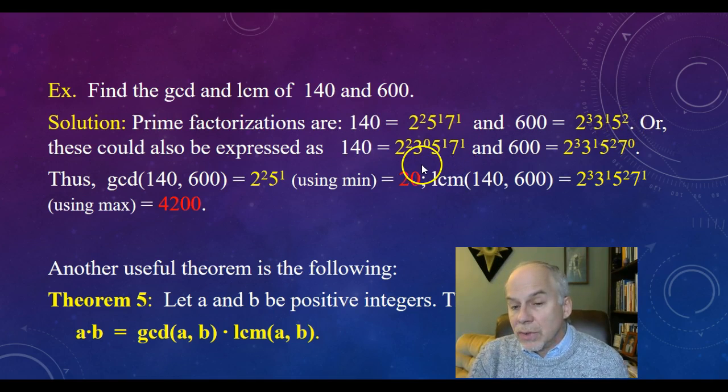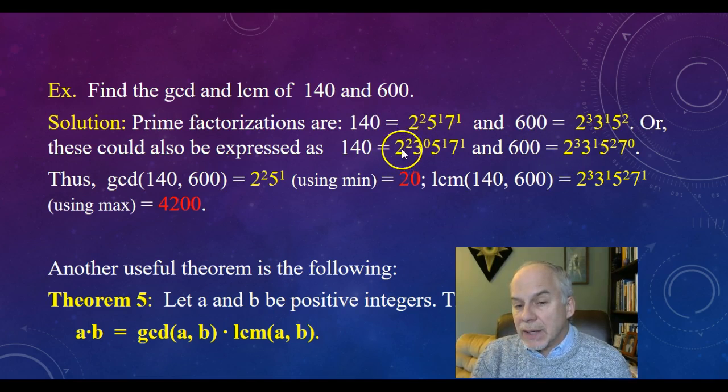Now we can also express these using powers of 0 if it doesn't have any of that term in there. Why would we do this? Well, you're seeing what the minimum and the maximum is, and sometimes the minimum of the two is 0. You'll see what I mean in a minute.